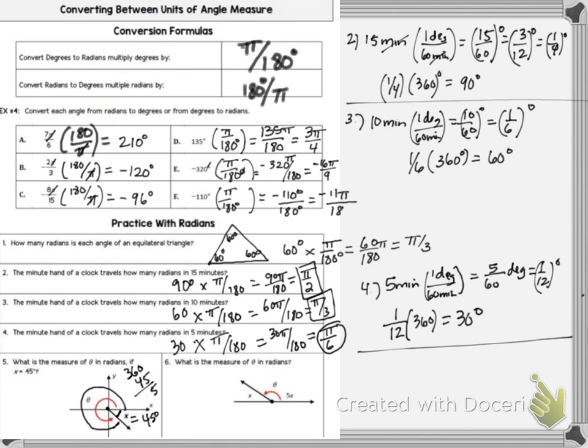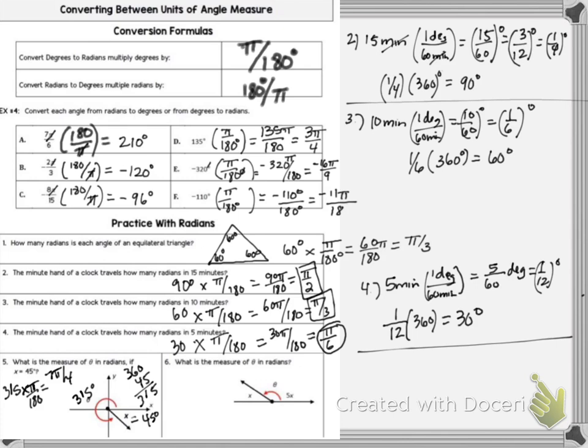So that's going to give me 315. So the big measure is 315 degrees, but I need that in radian form. So I would just take 315 multiplied by pi over 180, and I should get 7 pi over 4.